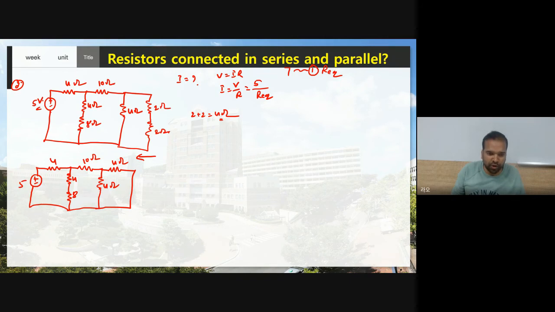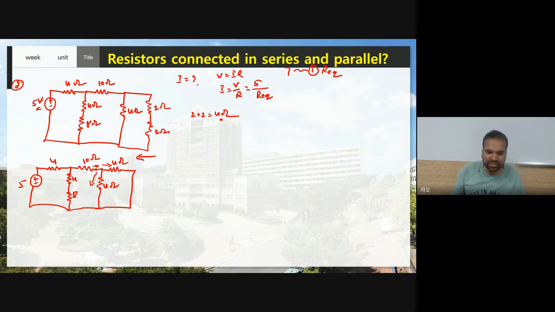Now this 4 ohm and 4 ohm resistors are connected in parallel. Why? Because the current is different. Suppose the current is coming here. After coming here, some of the current will go here and some of the current will go towards the 4 ohm resistor. Therefore, if the current is dividing, these two resistors are connected in parallel.